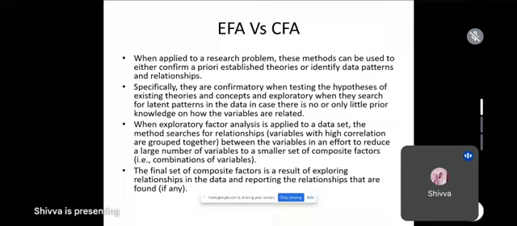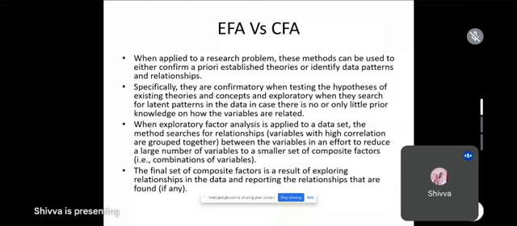So I mentioned earlier that confirmatory factor analysis is used when we have a proper scale, and there is already literature available about any variable and their scale paper.